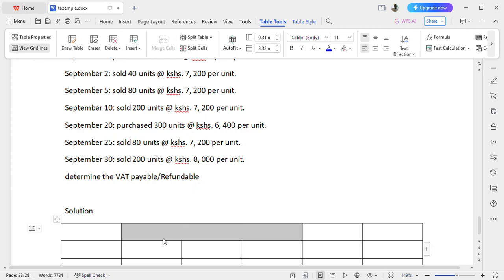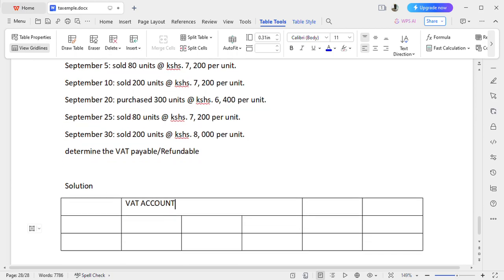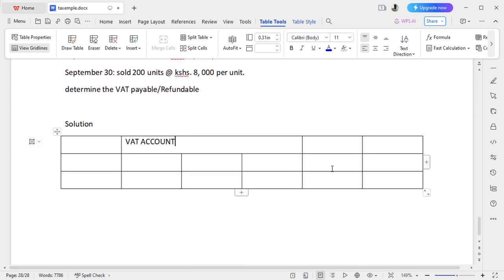So the VAT account. We are only focusing on the VAT account. We'll not prepare the purchase account or bank account. Let's only focus on the VAT account. But if it is required, you can prepare all of those.